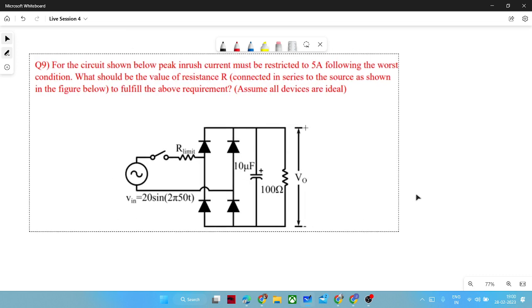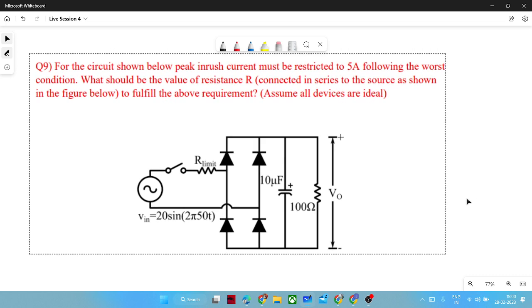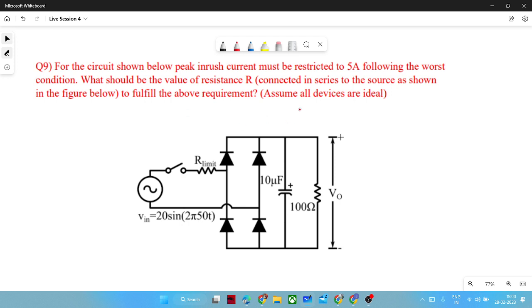See, this kind of question, what we just discussed: how much resistance should we connect in series to limit the inrush current to 5 ampere, right?